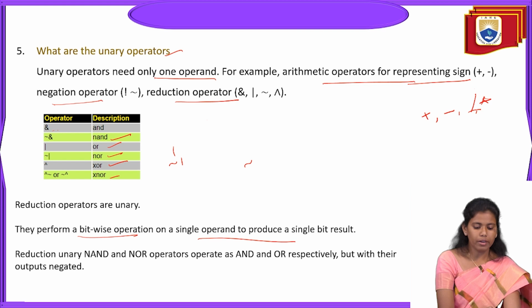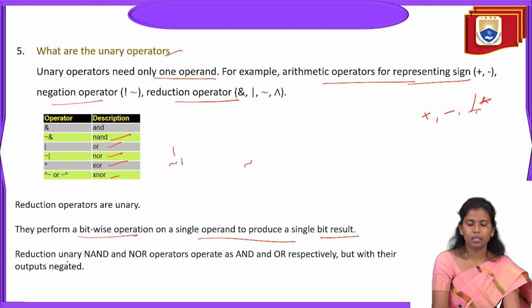Then the reduction unary NAND and NOR operators operate as AND and OR respectively, with their output negated. So this sentence says that if you want to observe the output of NAND, NAND is nothing but AND plus NOT, right?